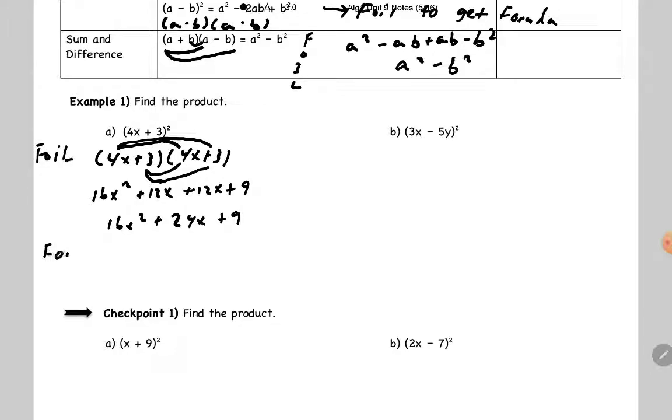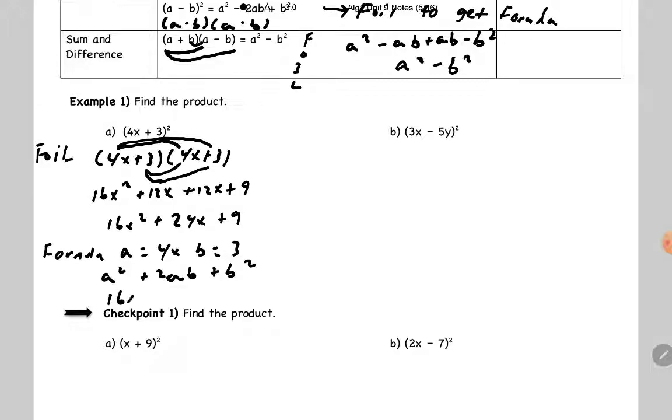And then formula. So we know a is 4x and b is 3. Let's write out the formula: a squared plus 2ab plus b squared.